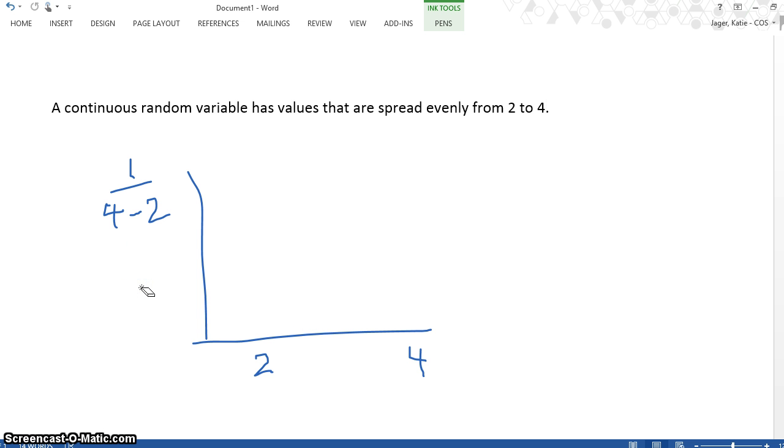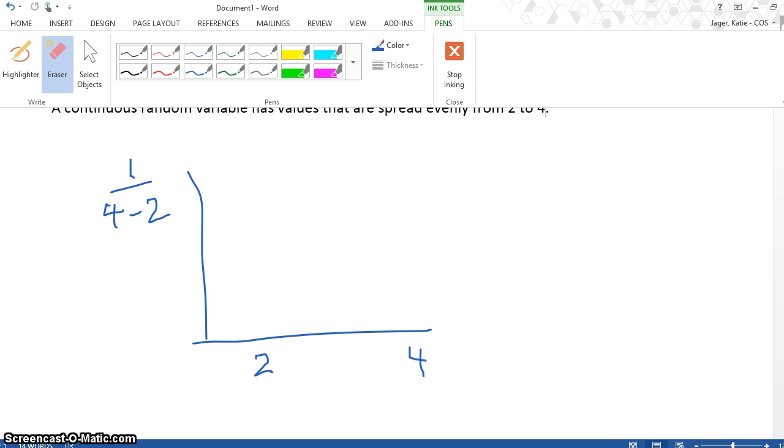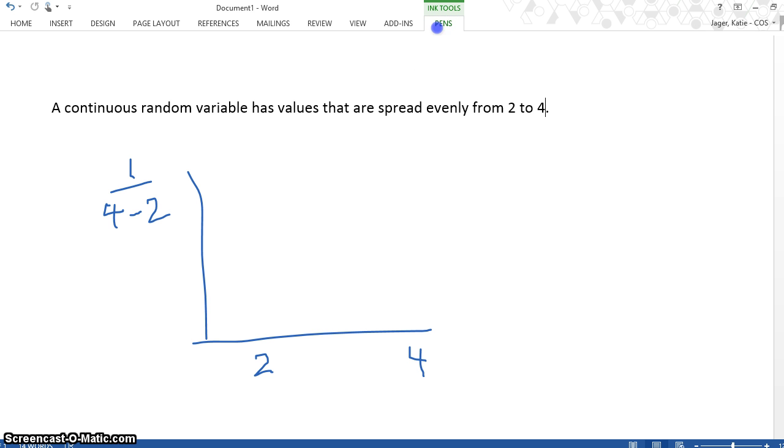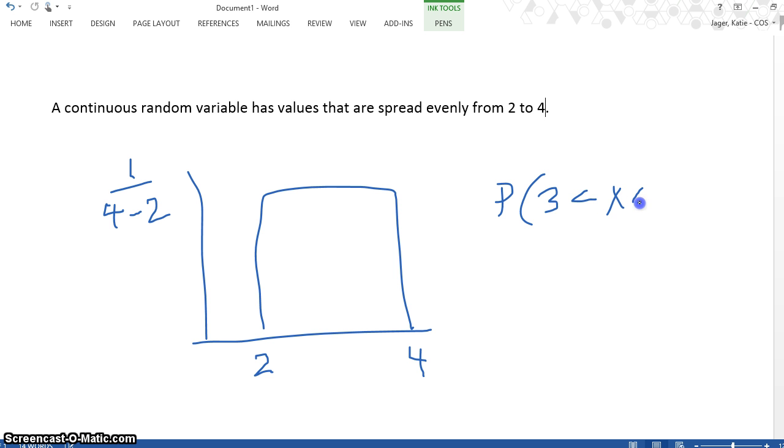I want to know the area between two things. I want to know the probability of x being between 3 and 3.5. I can find that pretty easily too.